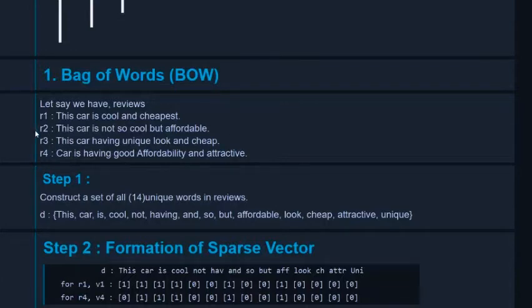If you ask a human what the difference is, there is a little difference, but a human can see that cheapest and affordable, cheap and affordable, are the same thing. But the computer, as per its algorithm, takes them as different words, because it can't make a distinction between those two words. Humans can see that they both have the same meaning.